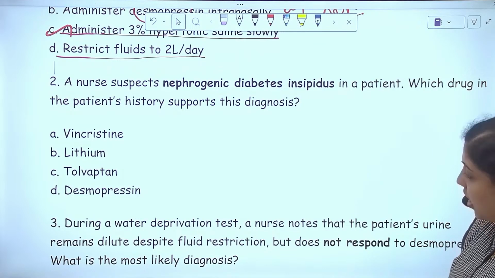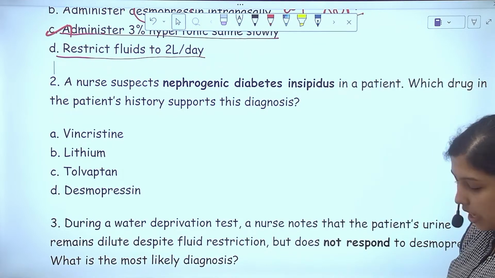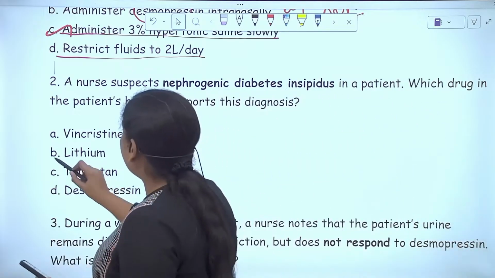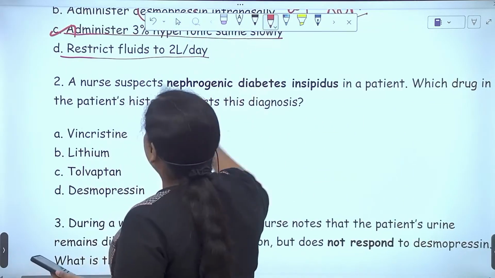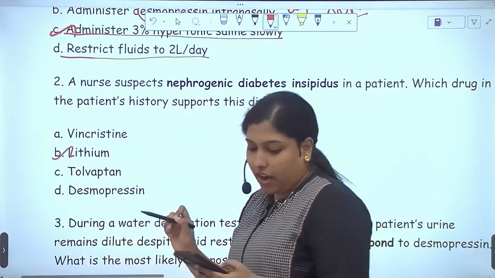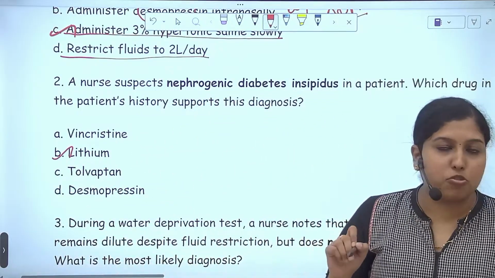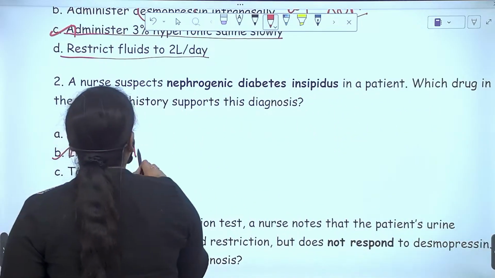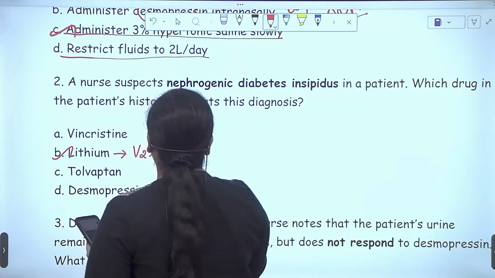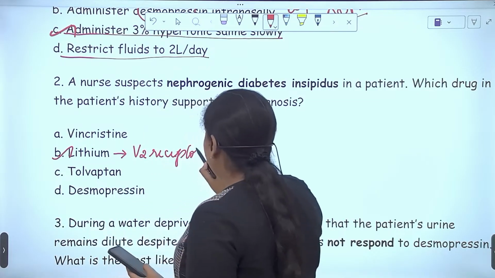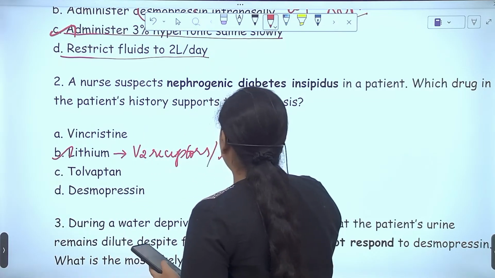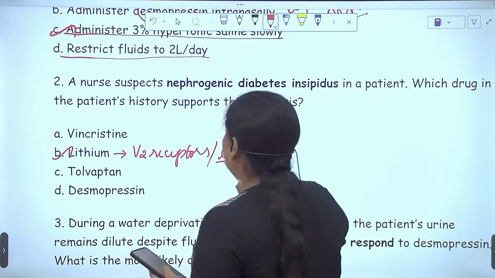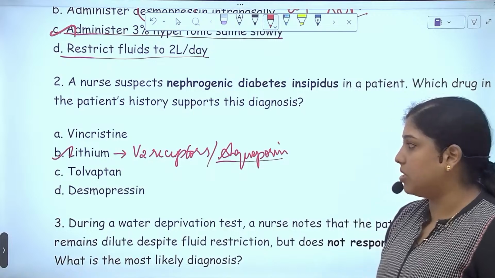Yes, Priyanka, Mona Lisa, you people have my heart. Lithium is the correct answer. As we discussed earlier, lithium is an important factor which is going to cause nephrogenic diabetes insipidus. Why? Lithium has an effect on your V2 receptors and aquaporin. So that is an ultimate factor for causing nephrogenic diabetes insipidus.